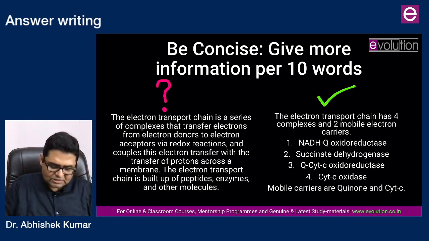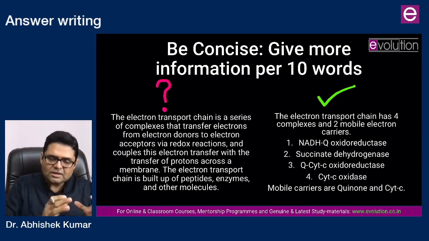The electron transport chain is a series of complexes that transfer electrons from electron donor to electron acceptor via redox reactions and couple this electron transfer with transfer of protons across the membrane. The electron transport chain is built up of peptides, enzymes, and other molecules. Again, vague. You have to be concise.